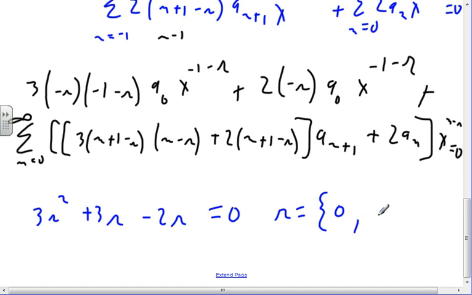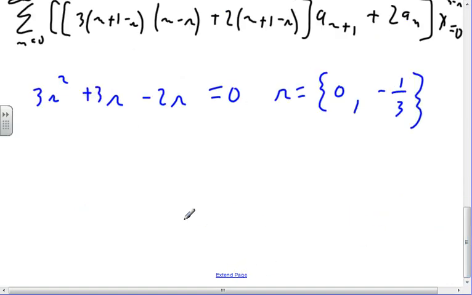Now that's dangerous to do. This is r plus r. So that's 3r squared, so r times 3r plus 1. Yep, 0 and minus a third.